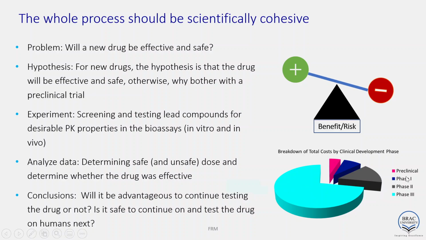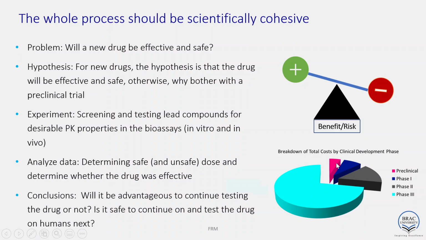Phase 3 has the largest amount of cost involved in drug discovery and development, phase 2 is moderate, and phase 1 is also moderate. But the preclinical cost is very small or negligible compared to phase 1, phase 2, and phase 3.